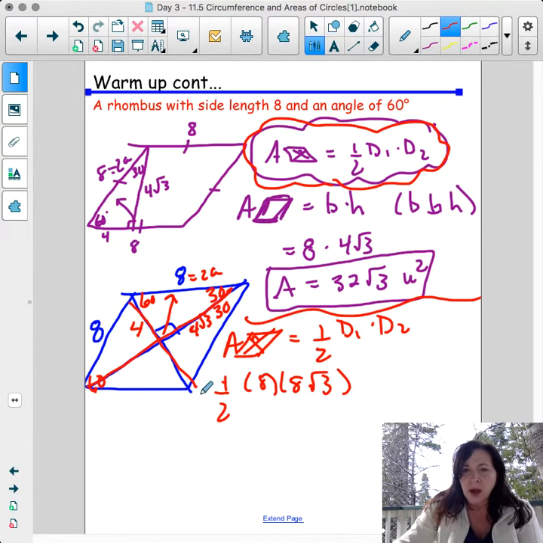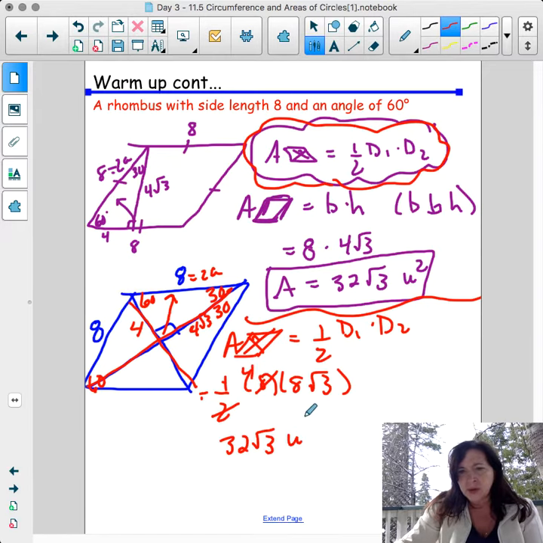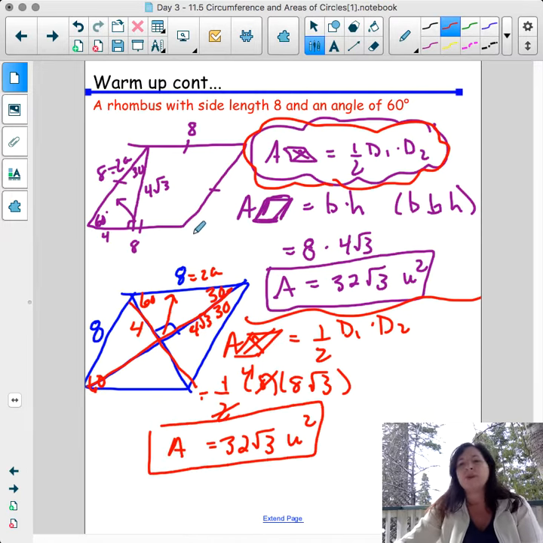I would take this 2 and divide it into 8, just one of them, and that's 4. And 4 times 8 root 3 is 32 root 3 units squared. So I actually have options in doing this, using a parallelogram formula or using my rhombus formula.